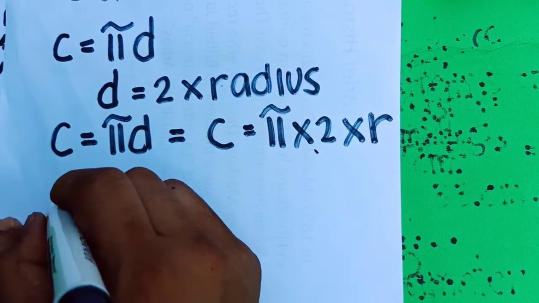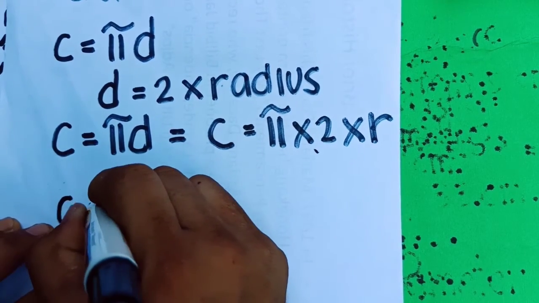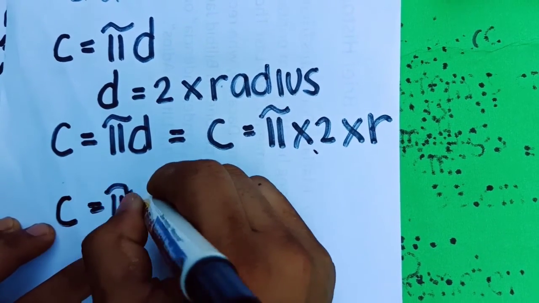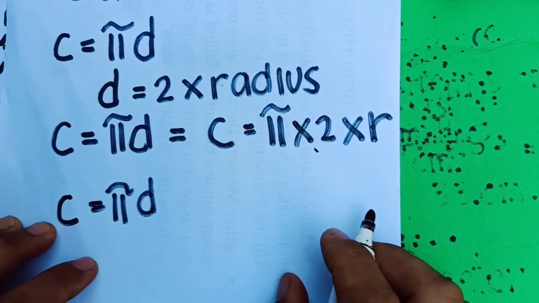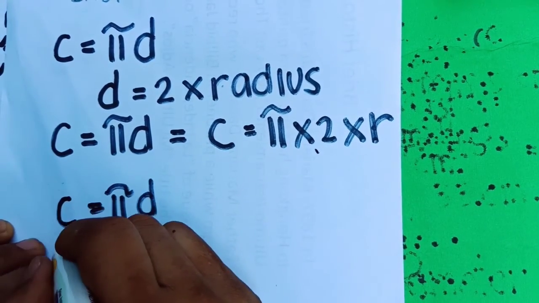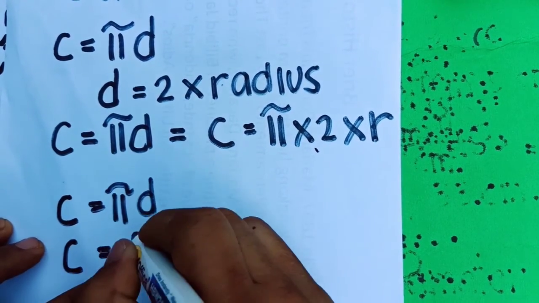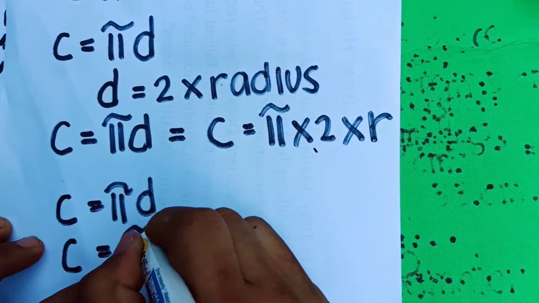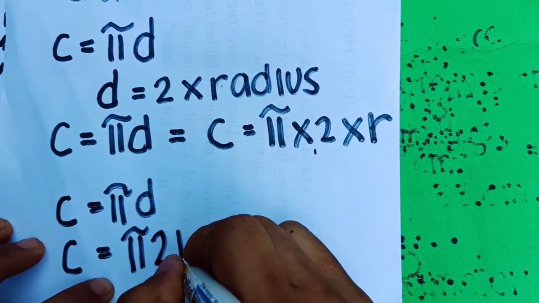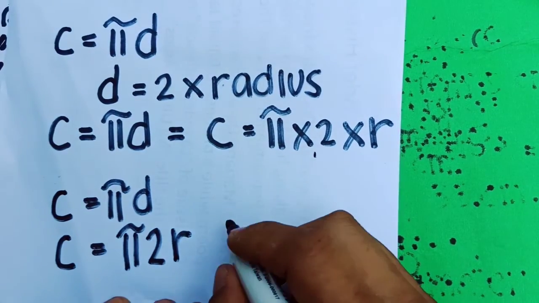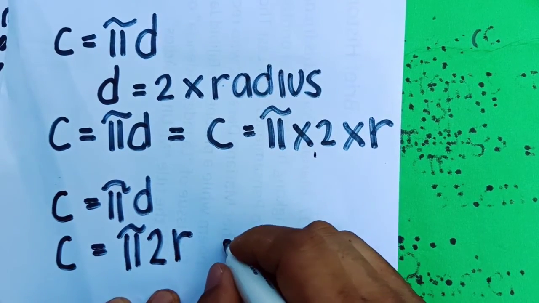So we have two formulas here. C equals pi d when the given is the diameter, and C equals pi 2r if the given is the radius.